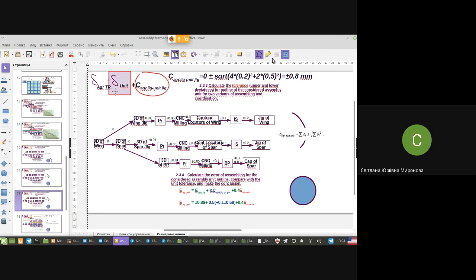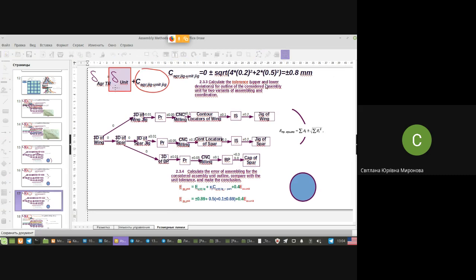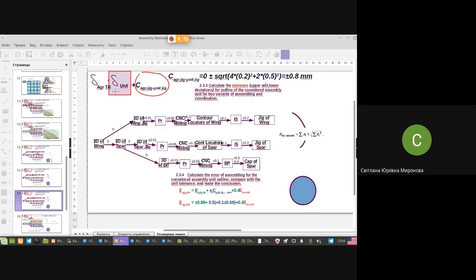Once again, let's at least quickly repeat the same things for this other diagram of coordination.